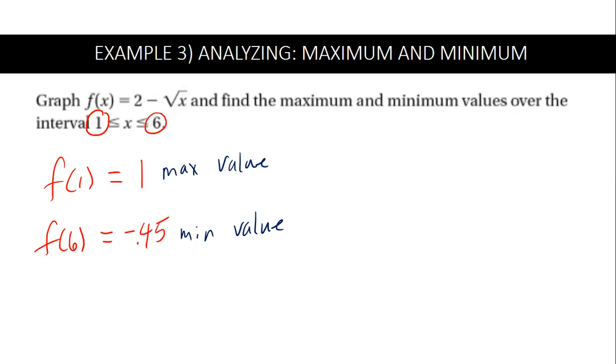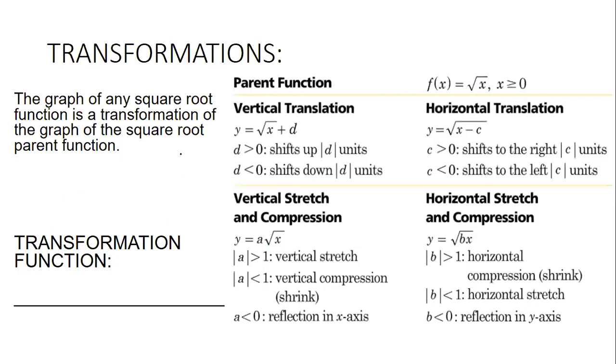Easy. Exactly. Perfect. But it's asking for the value. It's not saying where it's at, because obviously you know where it's at, but it wants to know what is the value of the max and the min. Okay. All right. So moving on.